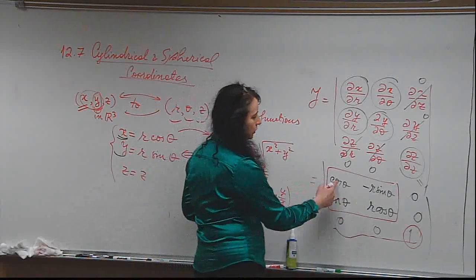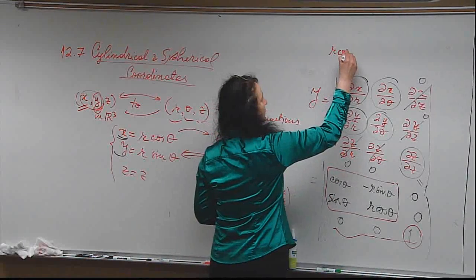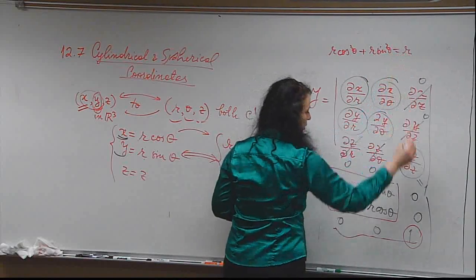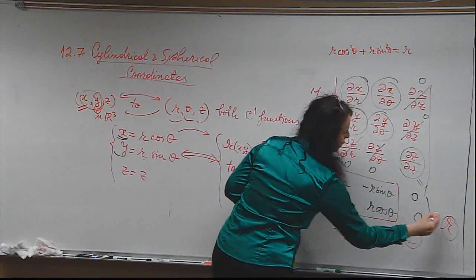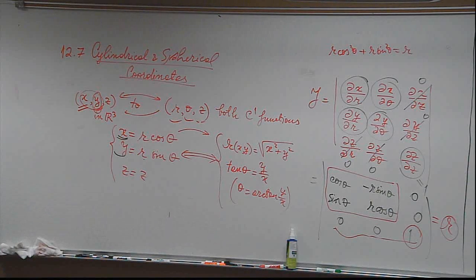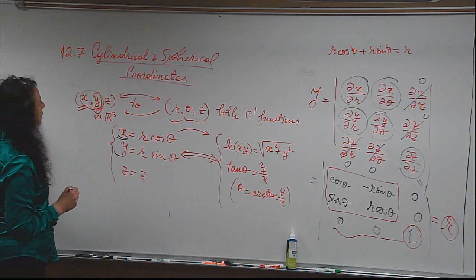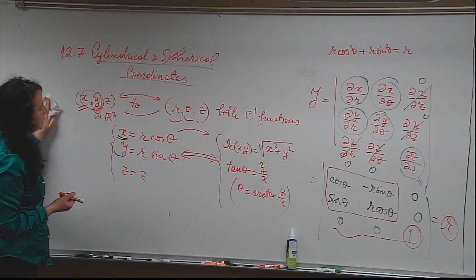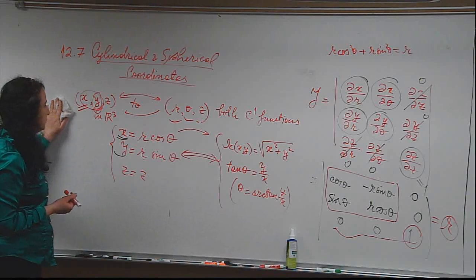The determinant over here is just r cosine squared plus r sine squared, which is r. So it's r times 1, which is r. Your old friend r, which was the Jacobian for polar coordinates, is still the Jacobian for cylindrical coordinates. So that's why I'm saying cylindrical coordinates are your friends. They want to be your friends.